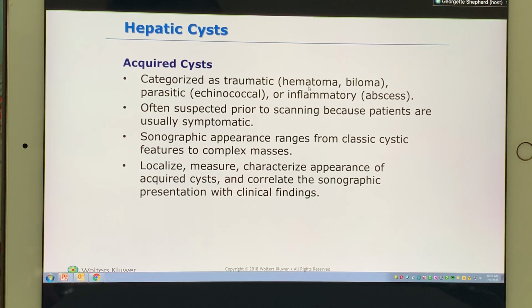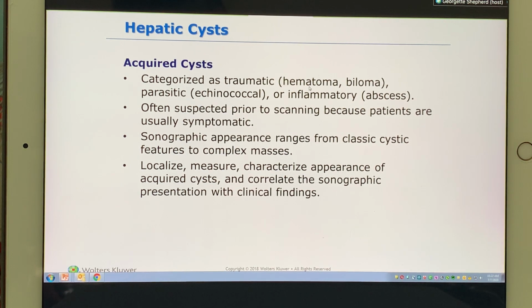Then it can build septations, and then it can turn anechoic again. A bilioma, depending upon the age of the bile, can also either be simple or complex, because it is a cyst of bile.